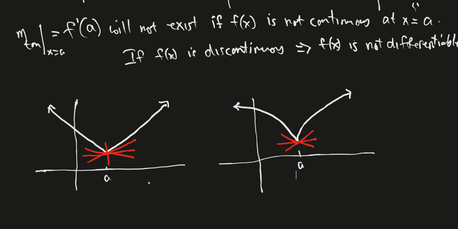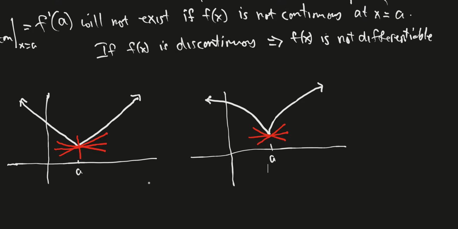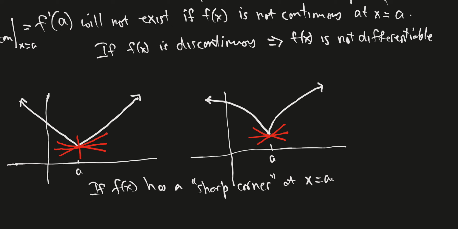So for this one, we say if f of x has, you can call it a sharp turn or a sharp corner at x equals a, then again, f prime of a will not exist.